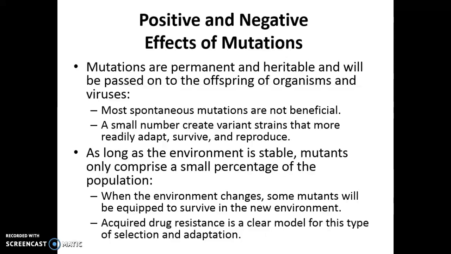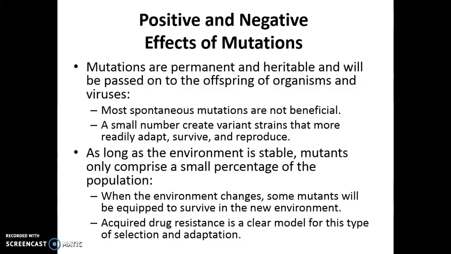And how this occurs, I mean, one big area in which this occurs is going to be drug resistance, and bacteria being able to acquire drug resistance. And then they're able to go through this process of selection and adaptation within the body when a person is on antibiotics, right?